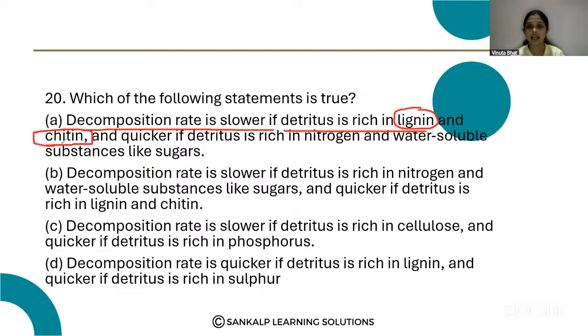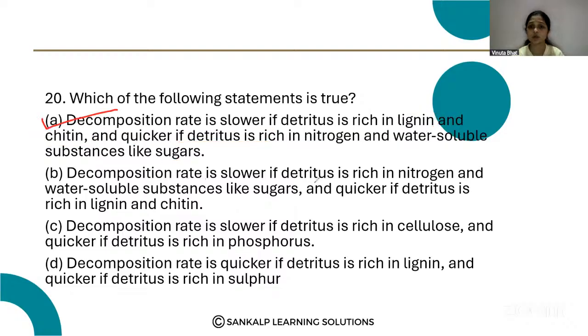If lignin and chitin are there, decomposition takes more days. And quicker if the detritus is rich in nitrogen and water soluble substances like sugar. So the decomposition process completes quickly if water soluble substances like sugars are there. Yes, that is the correct statement. And what about the other statements? So this is the correct statement.